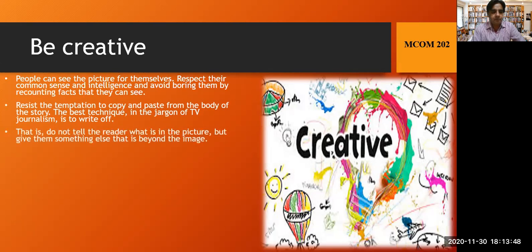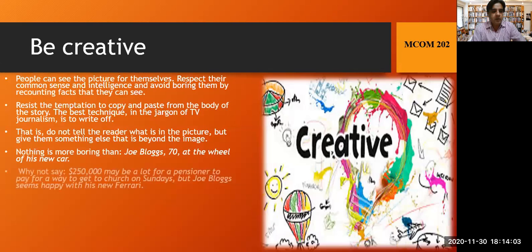Do not tell the readers what is in the picture, but give them something that is beyond the image. Nothing is more boring than "Joe Blogs, 70, at the wheel of his new car." This is boring. Why not say, "250,000 may be a lot for a pensioner to pay for a way to get to church on Sundays, but Joe Blogs seems happy with his new Ferrari."